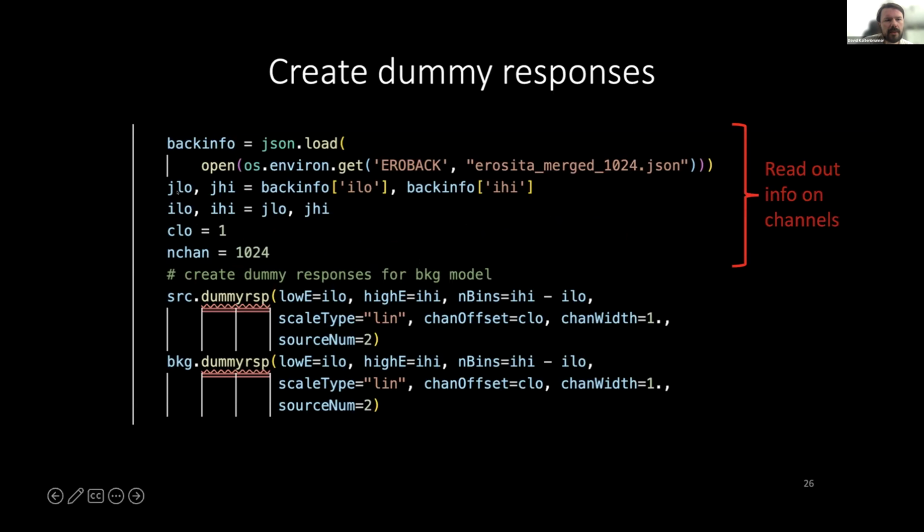We do need some additional information on the channel numbers that appear in the spectrum, and we can read this from this JSON file. Those are just numbers that go into the dummy response here. So this here is for eROSITA, just the part that you need to copy paste. Don't need to think about it. For other instruments, this needs to be changed.